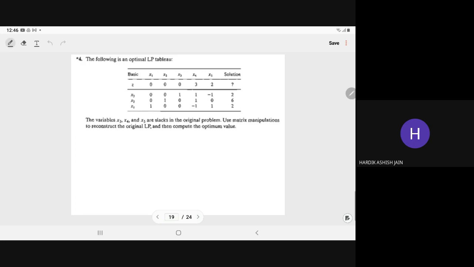Now, the following is an optimal table. The variables x3, x4, x5 are slack. If I'm saying that x3, x4, x5 are slack, how many constraints do we have?